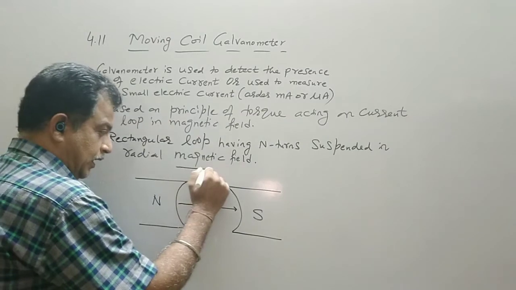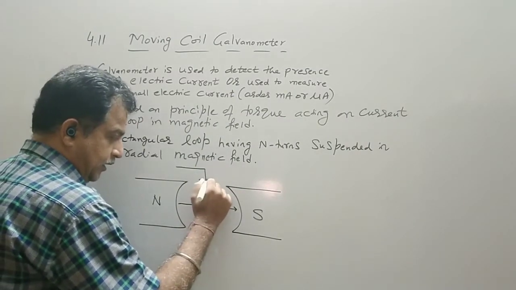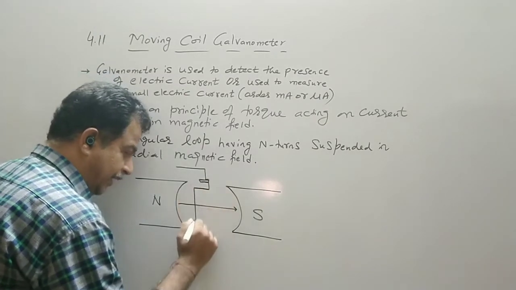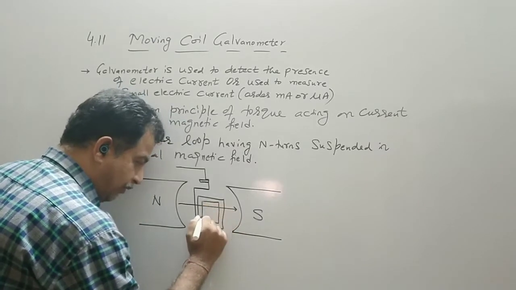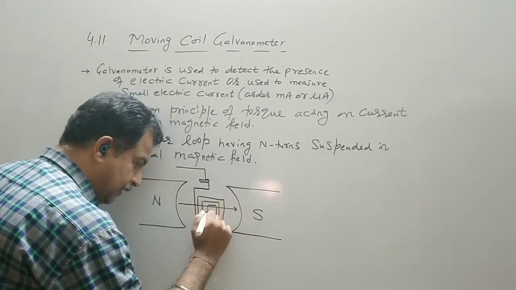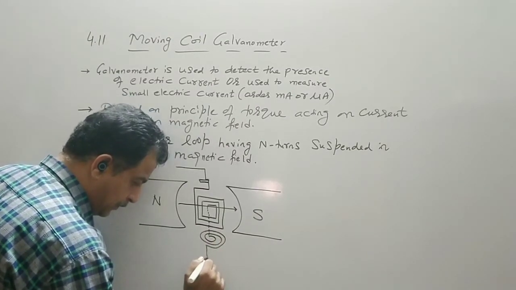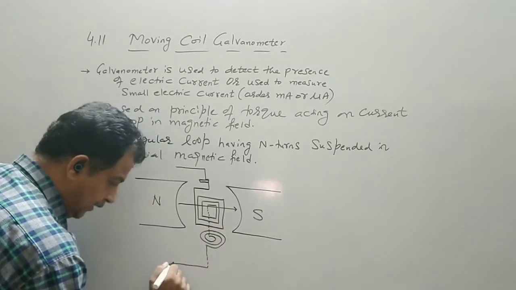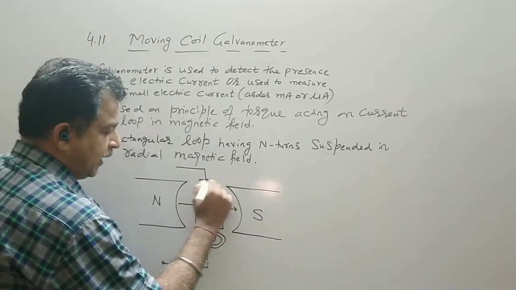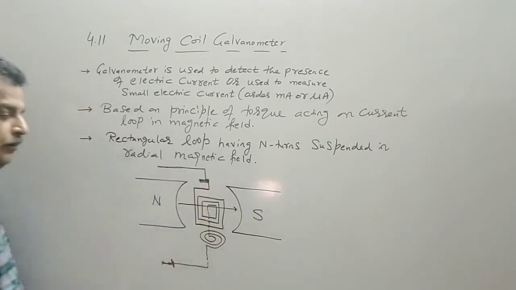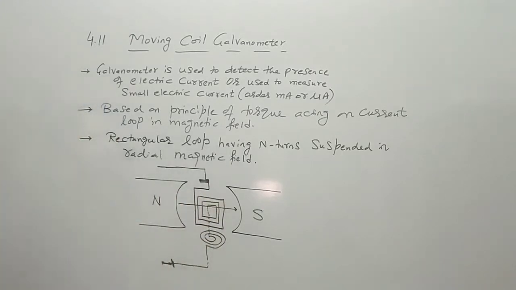So this is a wire. Let us say it is suspended in a magnetic field. It has n turns. Then here we have a spring, and this is the other end from which a current will be sent. So this is one end from which the current will enter into this coil.